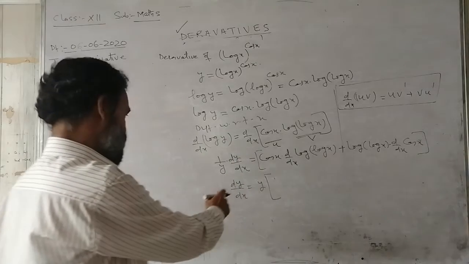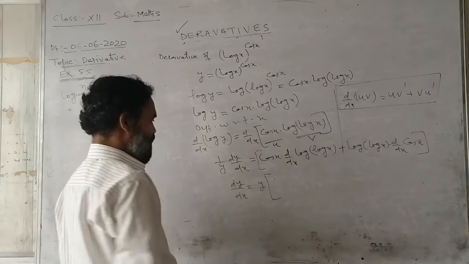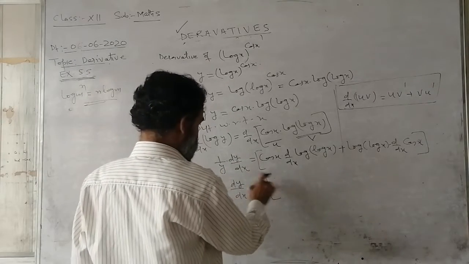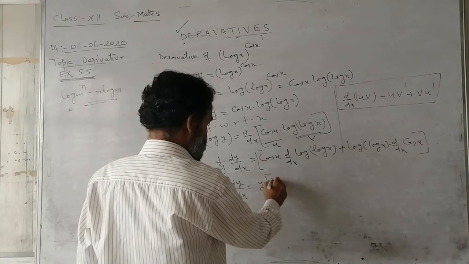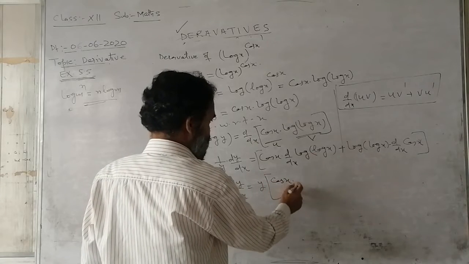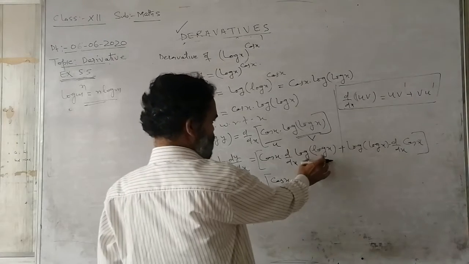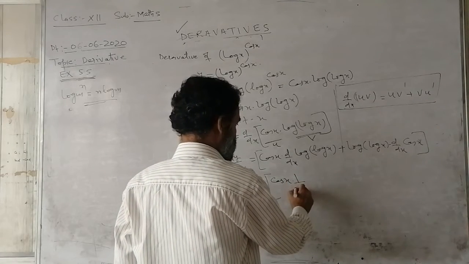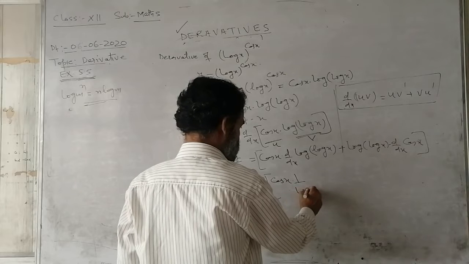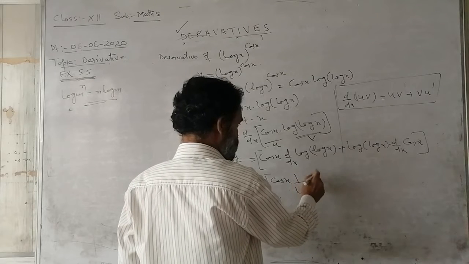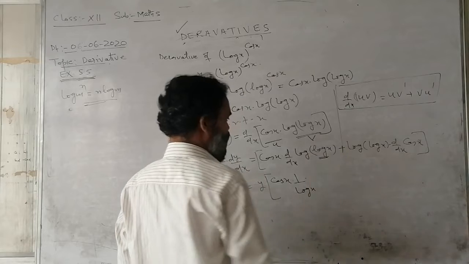I transfer this, it will be multiplied here by cross multiplication. So here cos x, derivative of log x. So log x formula is 1 upon x, that means 1 upon log x into derivative of log x.